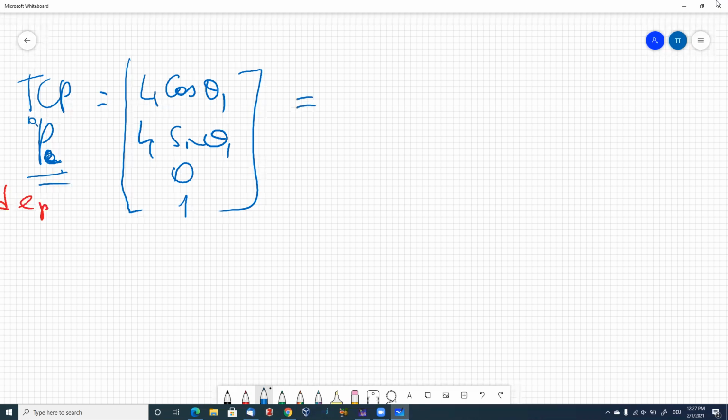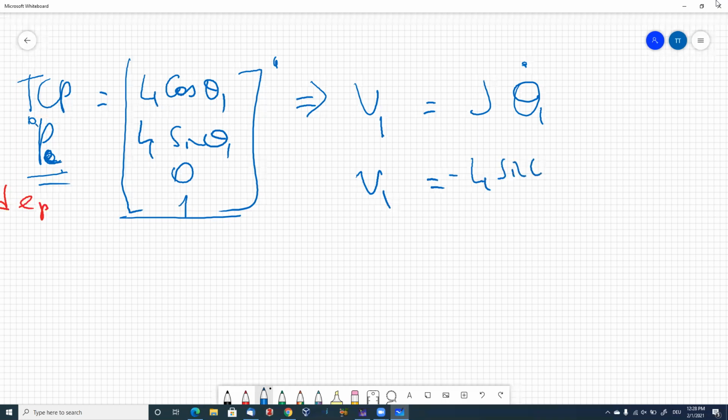If you have something like this, then the Jacobian means this. If you want to calculate the velocity v1, it is the Jacobian times theta 1 dot. So differentiate this in time, and it becomes v1 equals minus L1 sin theta 1, L1 cos theta 1, 0, 0, times theta dot.